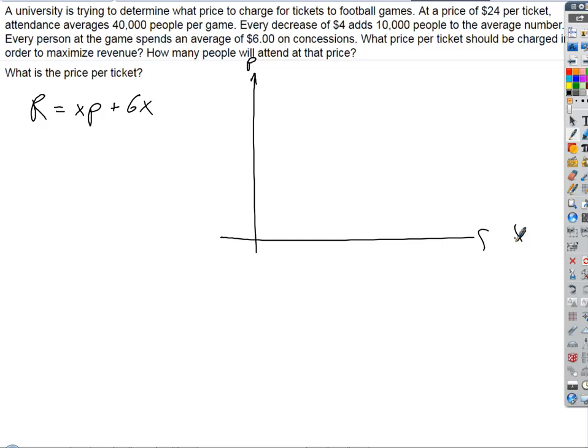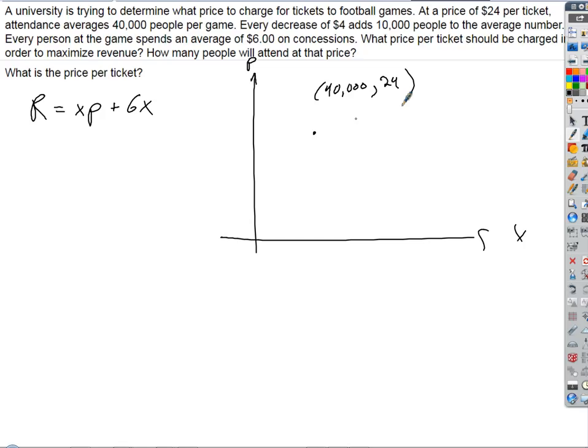We'll assume it's linear. That's why I think this question should really say assume it's linear. So at a price of $24 per ticket, we get 40,000 people. So there's a data point that's going to look like 40,000, comma 24, right? And it says every decrease of $4 adds 10,000 people, right?